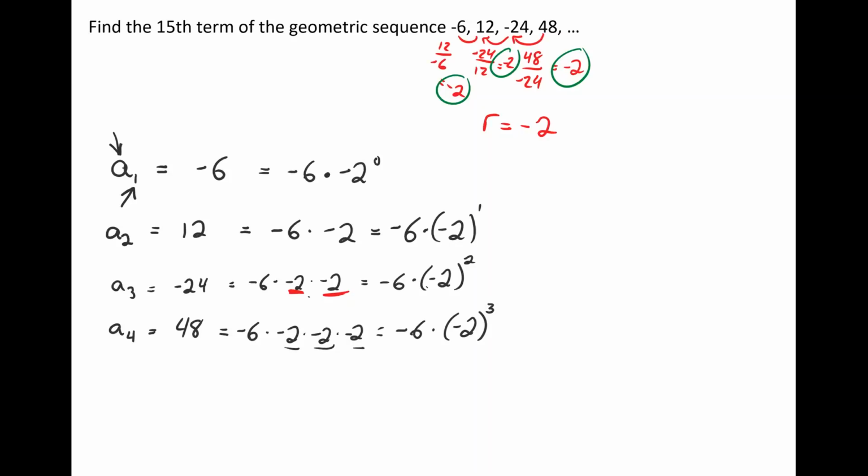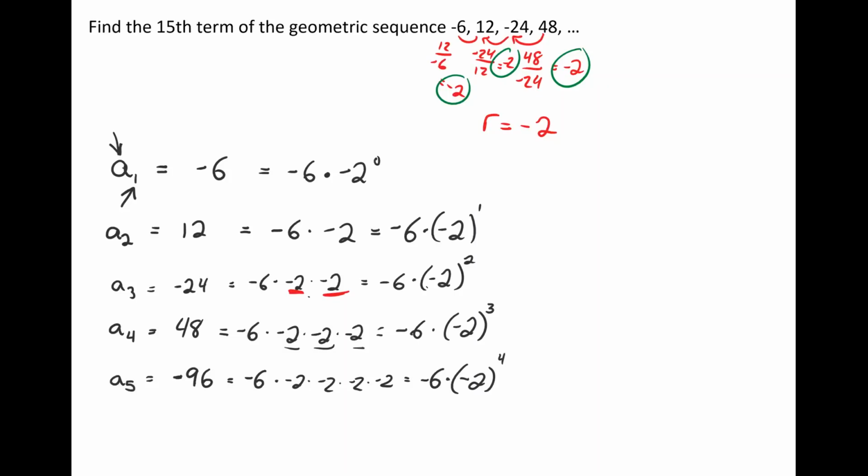We're starting to see somewhat of a pattern, so that on the fifth term, we can maybe shorten this. 48 times negative 2 would be negative 96, which is equal to negative 6 times negative 2 times negative 2 times negative 2 times negative 2. As you might expect, there are 4 of them, so it's negative 6 times negative 2 to the 4th power.